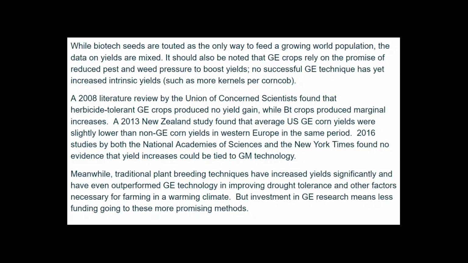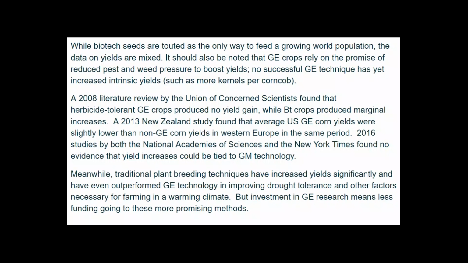A 2008 literature review by the Union of Concerned Scientists found that herbicide-tolerant GE crops produce no yield gain, while Bt crops produce marginal increases. A 2013 New Zealand study found the average US GE corn yields were slightly lower than non-GE corn yields in Western Europe in the same period. And in 2016, studies by both the National Academies of Science and the New York Times found no evidence that yield increase could be tied to GM technology.